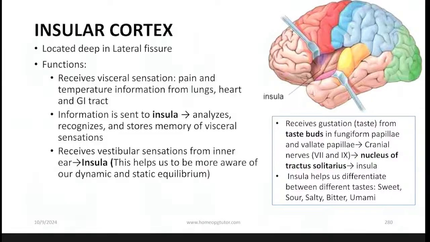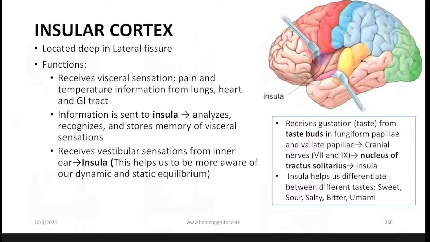Okay, any pain and temperature information from organs like the lung, heart, and the GI tract. Okay, all these are being received. These are the visceral sensations, right? So this particular information will be sent to the insula. Okay, and from there, the insula is going to analyze, recognize, and store the memory of these visceral sensations.